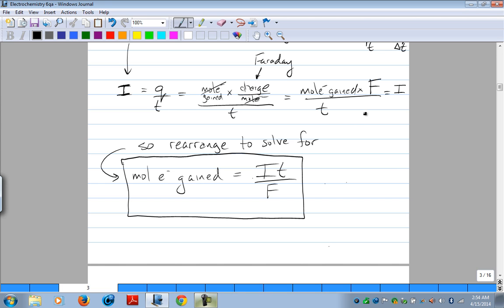We rearrange this equation here and isolate moles of electrons gained, multiply both sides by t, divide both sides by F, and it's simply I t over F. Current times time, coulombs per second times second, divided by Faraday, which is coulombs of charge per mole of electrons, and everything cancels except the inverse mole of electrons, which gives you moles of electrons.